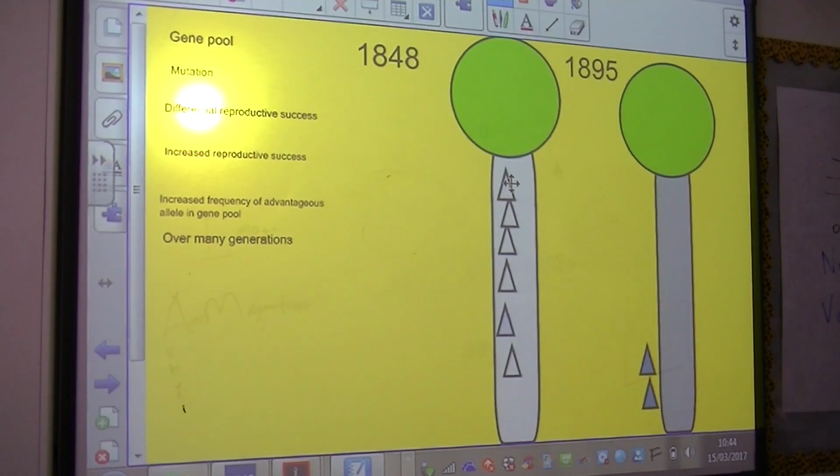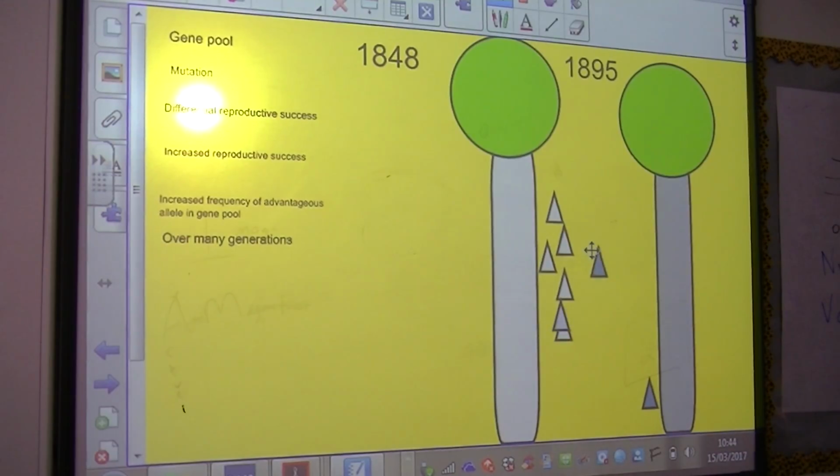But the Industrial Revolution then began, and the city of Manchester was the heart of the Industrial Revolution. Therefore, between that time, I am trying to demonstrate that the actual colour, due to the soot coating on the trees, changed. So there's an environmental change. Do you get that? Then, during this period, and I'm going to move us on several generations, a mutation occurred. And here is our mutated moth.